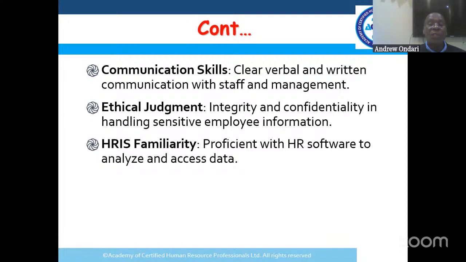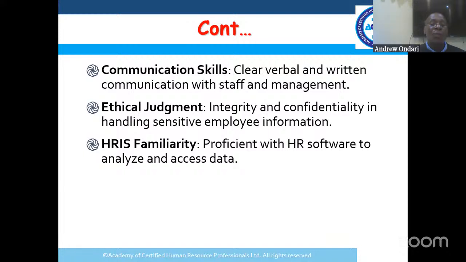The directors of the company may not know what is going on. So HR audit requires communication skills. These communication skills enable you to write a good report, which can be presented to the relevant authorities for approval or implementation of the changes that are being recommended through the HR audit.